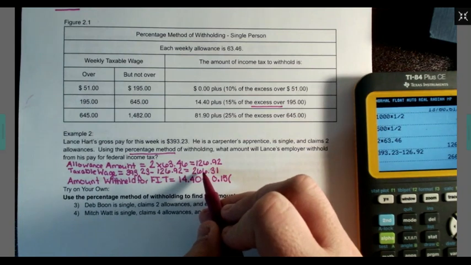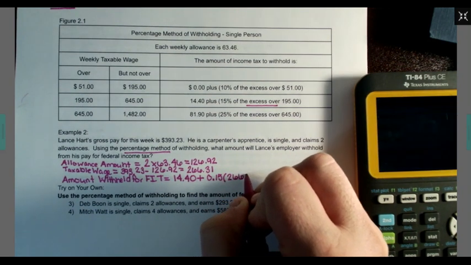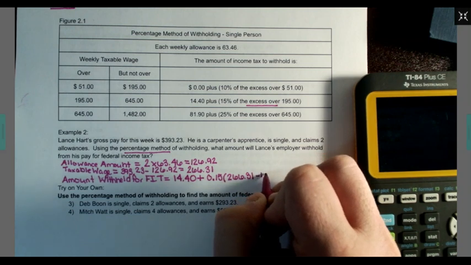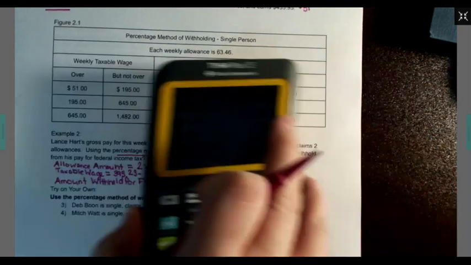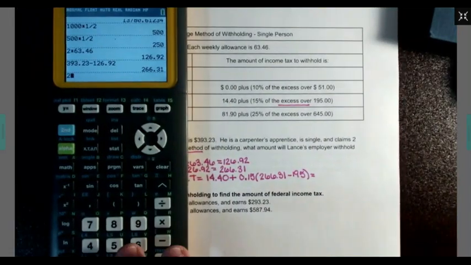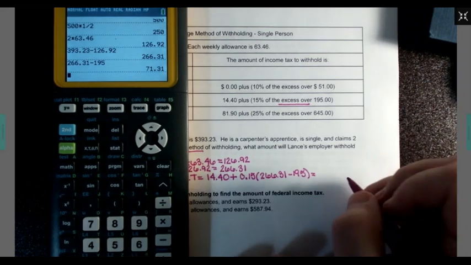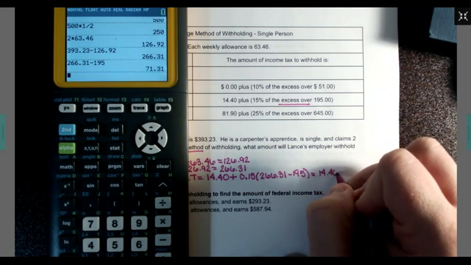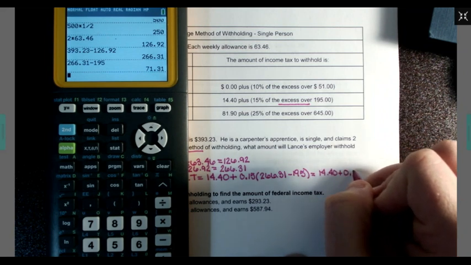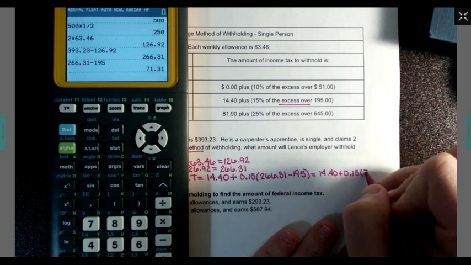Well, we had 266.31, so we take 266.31 and subtract 195. So we're going to do 14.40 plus 15% of 71.31.